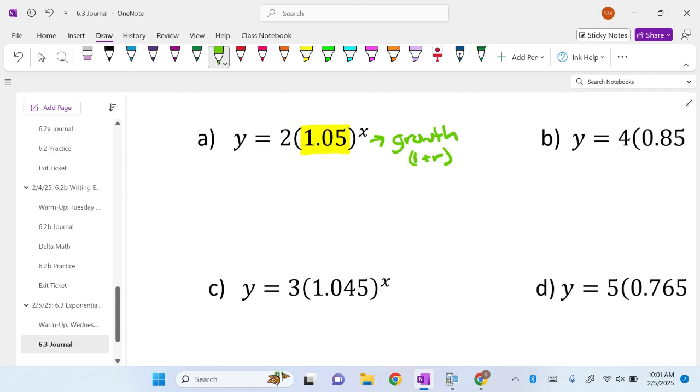Now we have to work backwards. So 1.05 is what we get after we do 1 plus r. What do you think a good strategy would be to find my r value?